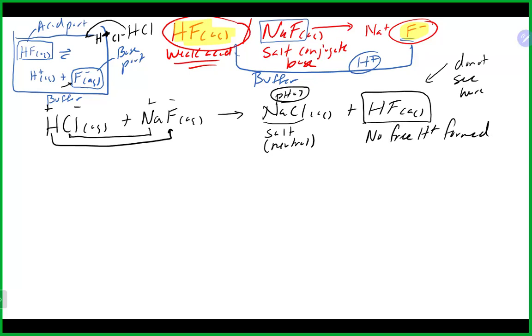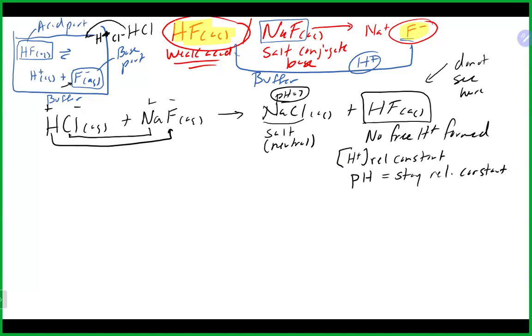And basically what that means is if we don't have any free H plus formed, the concentration of H plus will stay relatively constant. And if the concentration of H plus stays relatively constant, that means our pH will not be affected either, and it will stay relatively constant as well.